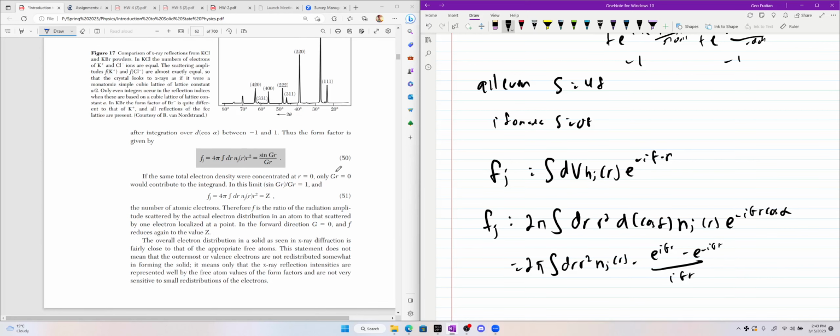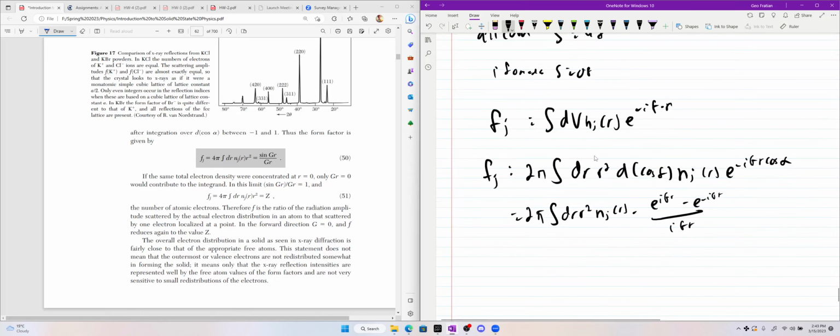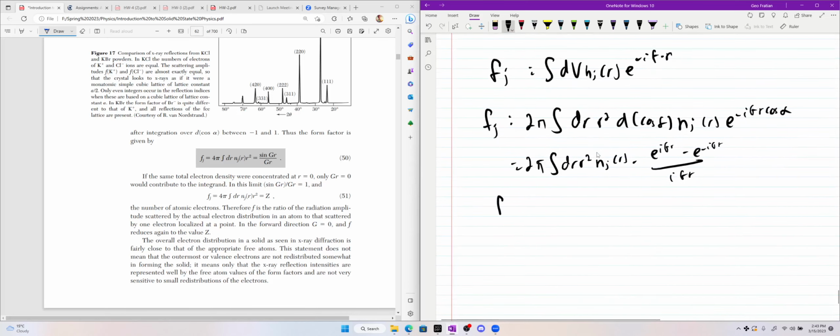Okay, and after integration over d cosine alpha between -1 and 1, the form factor is then given by f_j equals 4π integral dr r² n_j(r) sine(Gr)/(Gr).